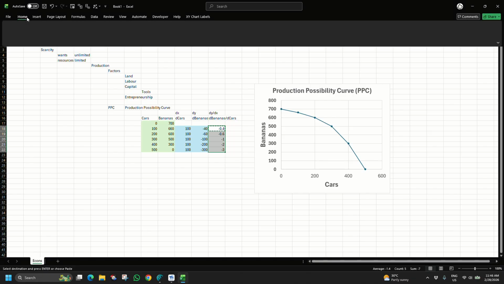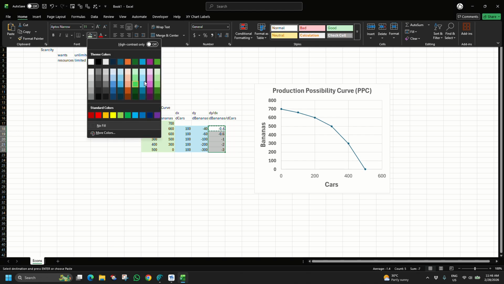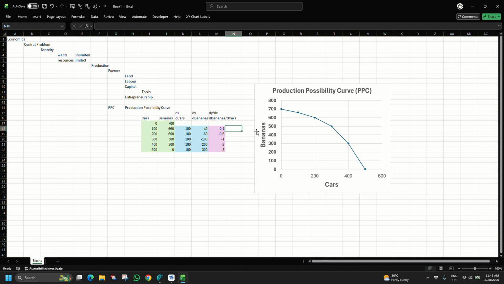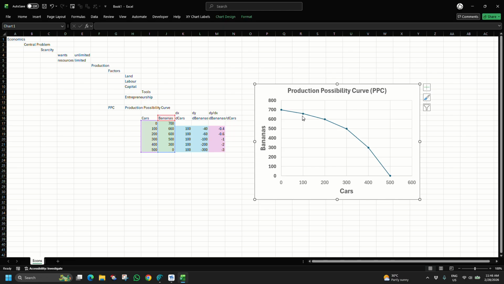So yeah, you can see here the gradient at this point, the 100, 660 point, which is this one, has this gradient of negative 0.4.